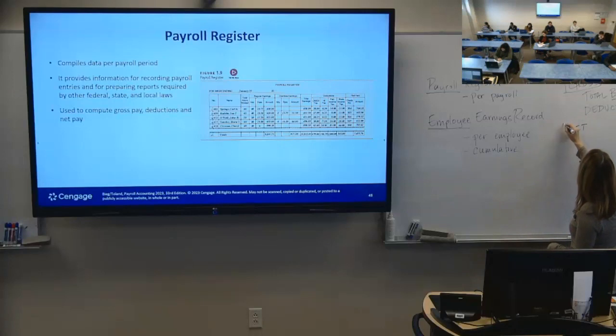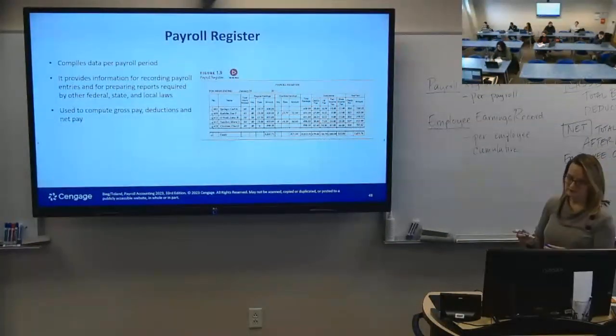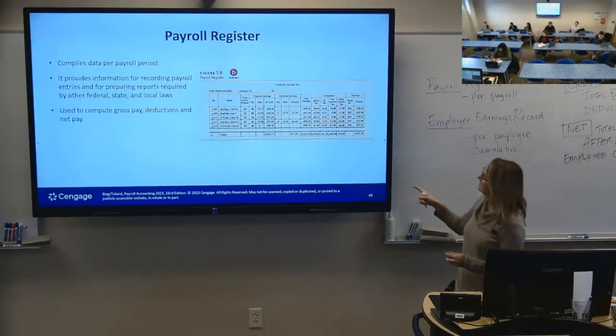Net is after deductions, the total after deductions. So this would be the actual amount of the check, the amount that the employee receives. I'm going to call it a check. It could be a direct deposit. So you need to know the difference between the gross and the net.